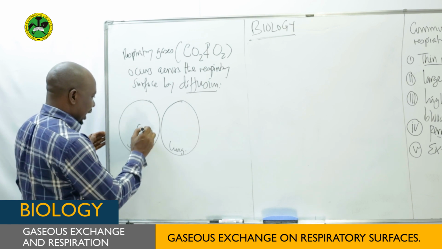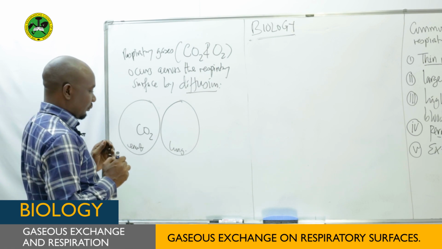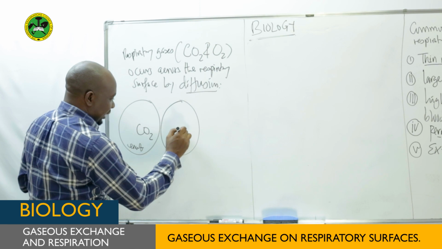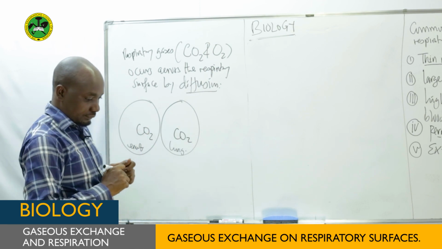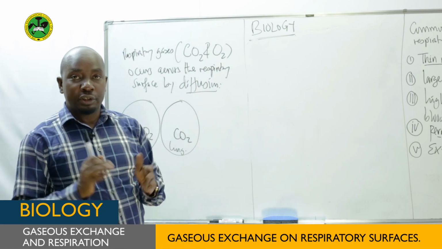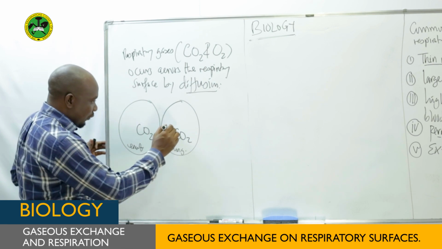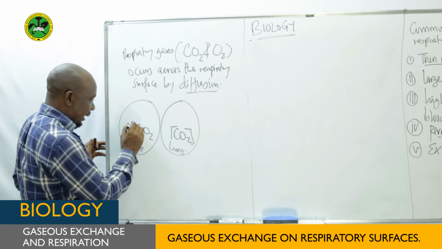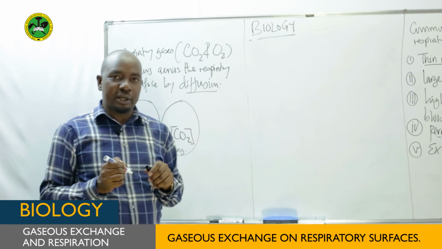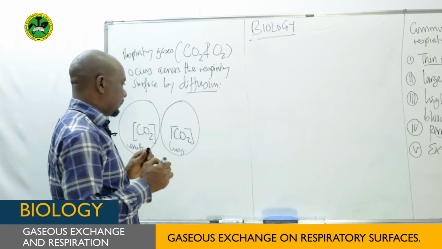So the carbon dioxide in the atmosphere and the carbon dioxide in the lung, the concentration differs. The concentration of carbon dioxide in the lung is very high compared to the concentration of carbon dioxide in the atmosphere.